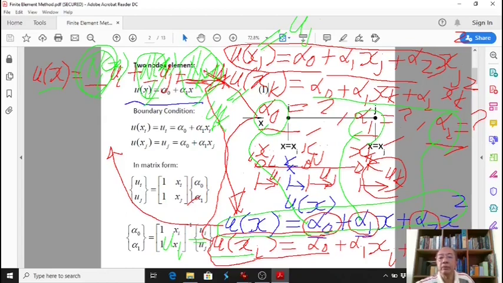Then we expand and simplify this equation, and it comes to this. So now u(x) is Ni ui plus Nj uj plus Nk uk. From here we can find what Ni, Nj, and Nk are. This is important: Ni, Nj, and Nk represent the shape functions.